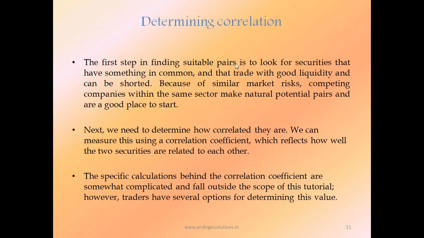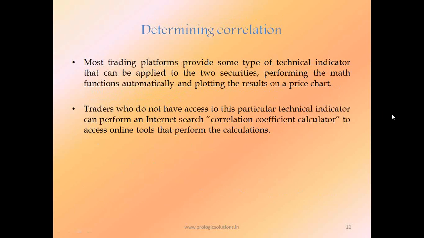So the first step in finding a suitable pair is they should be under a common business. Let's say either in banking or finance or IT, or you have various sectors. We'll again come back to that. And correlation is one thing which is very important.